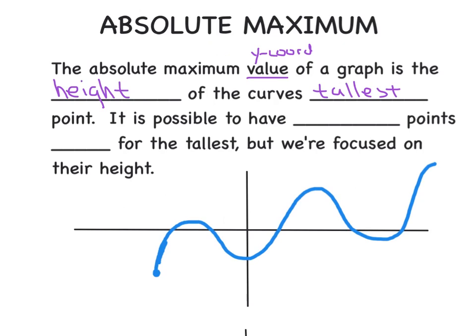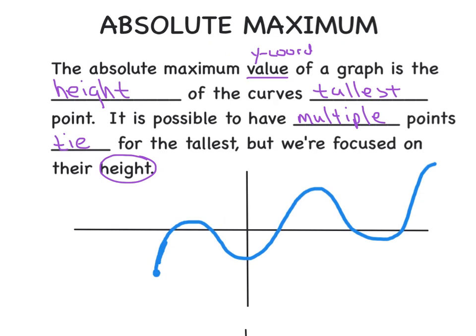Who's the tallest of all of them? It is possible to have multiple points, quote unquote, tie for the tallest. But let's say you had 3 different points and they all tied for the tallest. There would technically only be one answer, because what we're doing is we're describing the height of all those points, and so we're just again focusing on the y coordinate or the height.